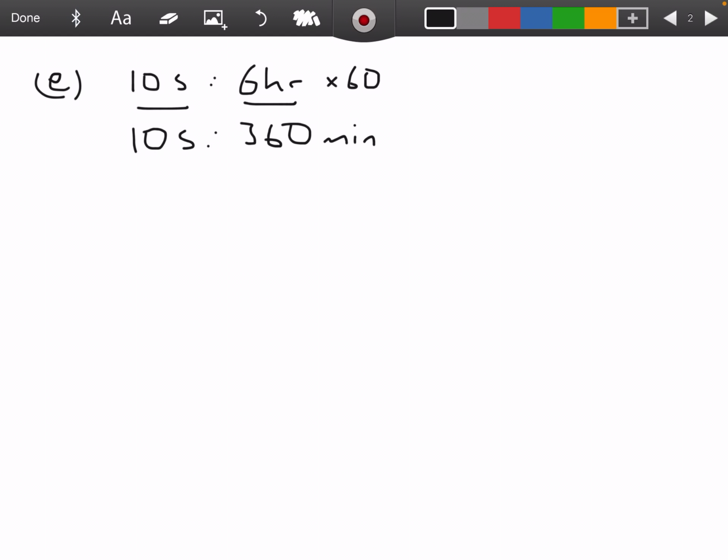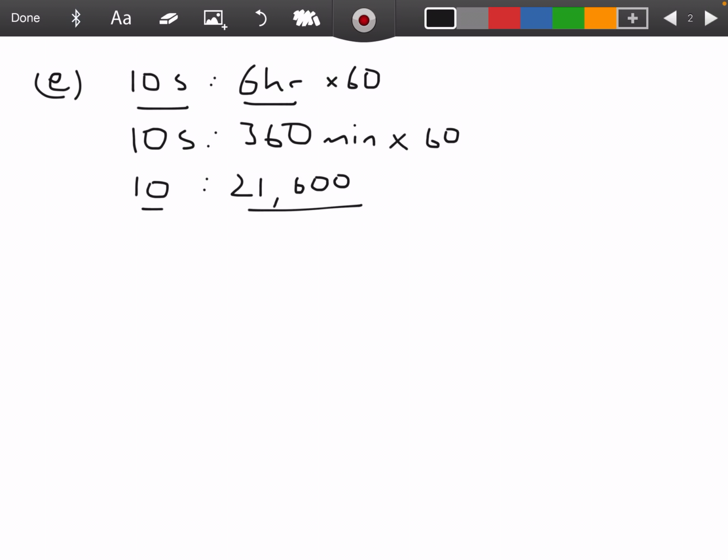So I have to do 360 multiplied by 60 again to get it into seconds. So that's going to be 10 is to 21,600, and they're both in seconds now.